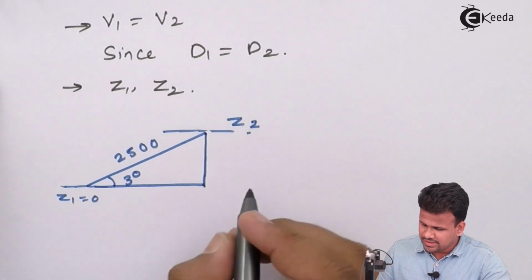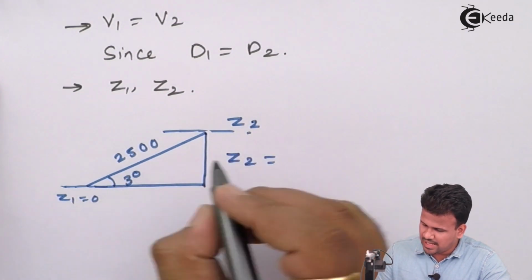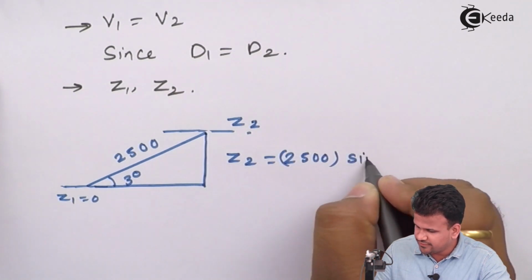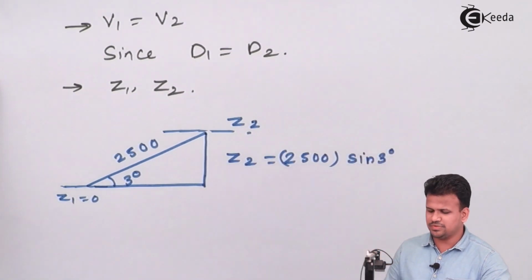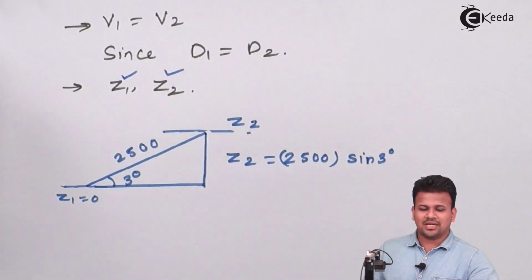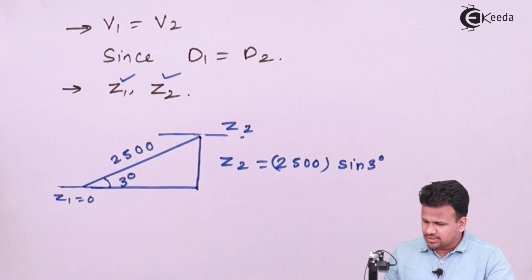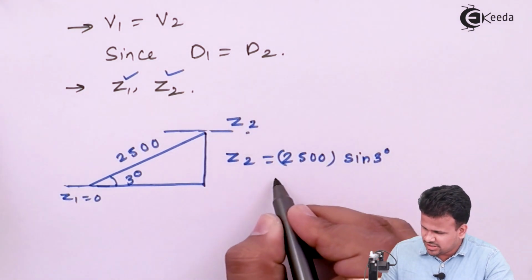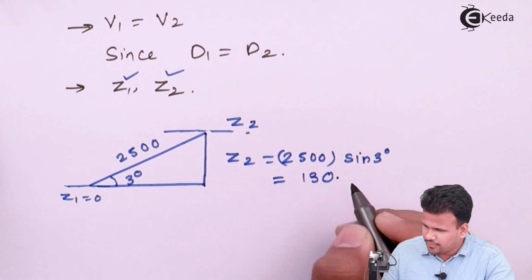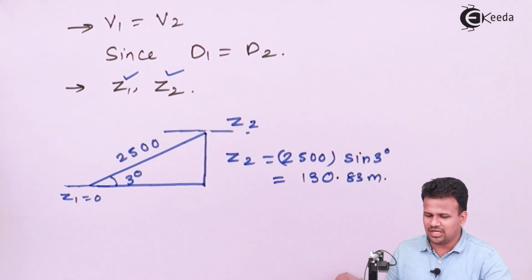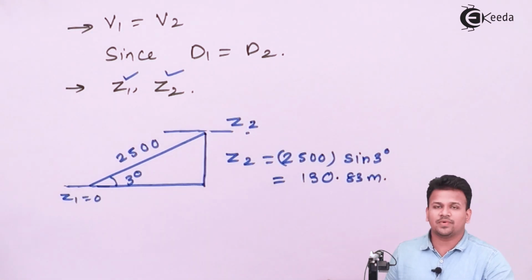So over here Z2 will be written as 2500 into sine of 3 degrees. So we have calculated the value of Z1 and Z2 also. Now let us substitute this in the following equation. So Z2 is equal to 2500 into sine 3, which comes out to be 130.83 meters. So we have calculated the values of V1, V2 and Z1 and Z2.